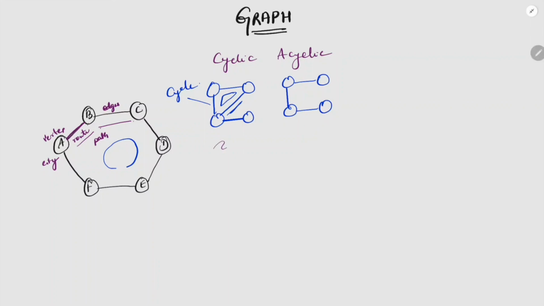Moving on, the second set of types that we are going to look at is directed and undirected graphs. A graph is said to be directed if its edges are directed, meaning you can travel only from one node or vertex to the other in the direction in which the edge is pointing.